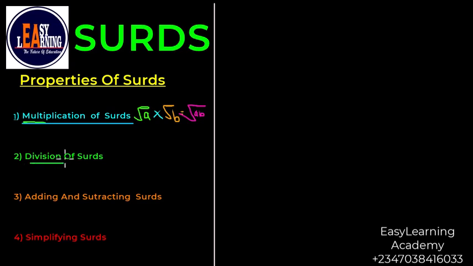Now let's look at the division of surds. For instance, let's have surd A, and we divide it by the surd B. When we have these two surds like this, we can just go ahead and divide them together and take the square root.